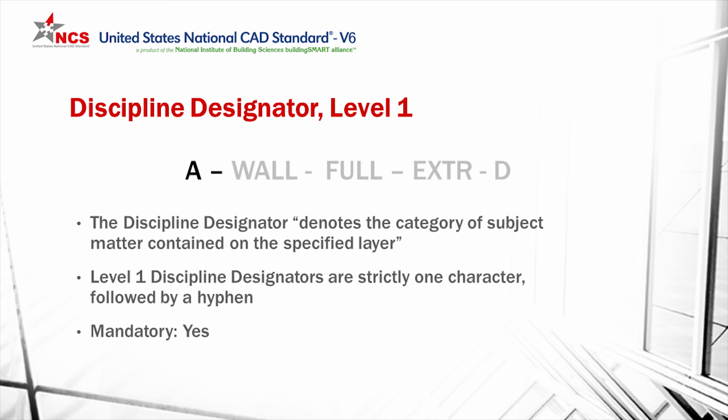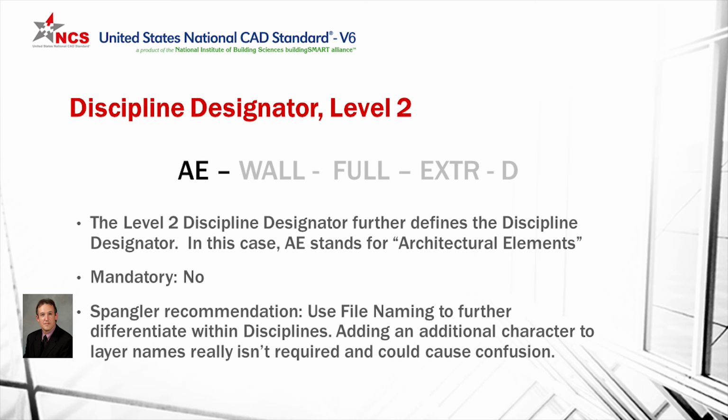So now, what is a discipline designator level 2? The level 2 discipline designator further defines the discipline designator. In this case, if you use AE, the E would stand for elements, so it'd be architectural elements. There's also AD for architectural demolition, AF for architectural finishes, AI for architectural interiors.